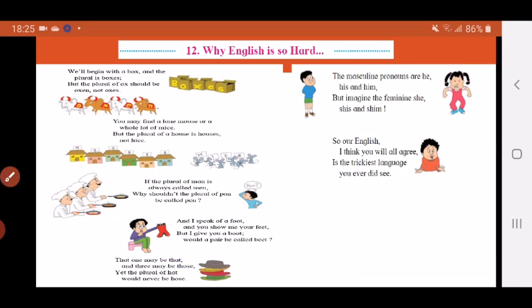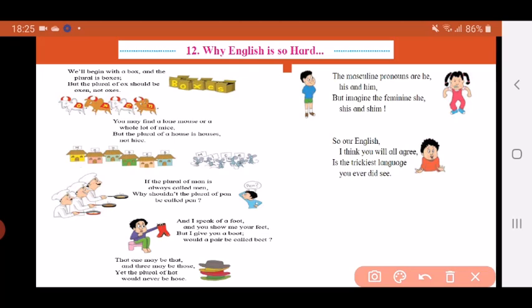But if we are pointing to many of that, the plural becomes those. So plural of that is those. In the same way, can the plural of hat be hose? Again it is wrong. The plural of hat is hats with an S.